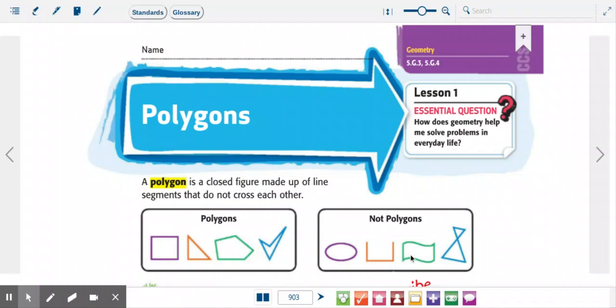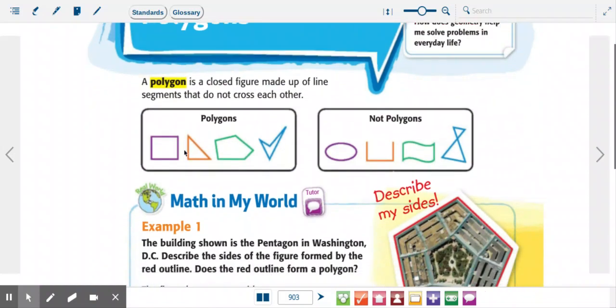This up here doesn't count as a polygon because see these squiggly lines? They kind of throw the whole thing off. And because this one crosses, again, it's not a polygon. But these are, no matter how oddly they're shaped, they're still polygons because, once again, they're closed figures and they have line segments and they don't cross each other.